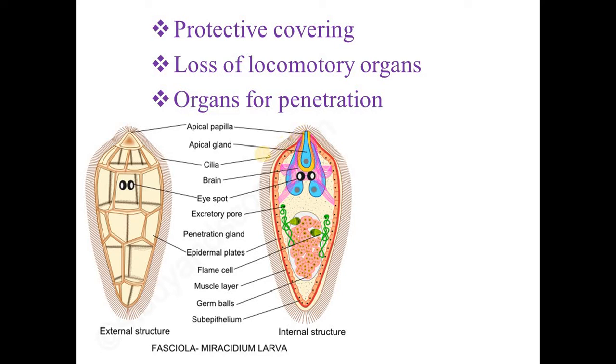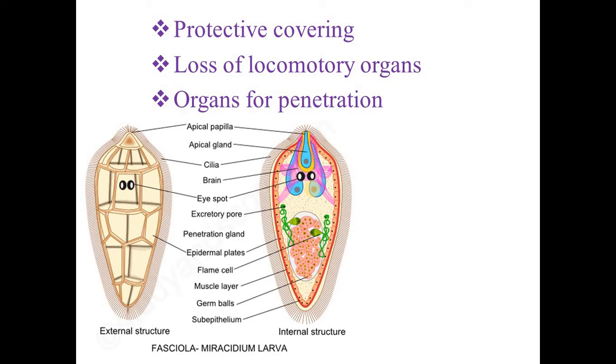There are a pair of penetration glands inside the body near the anterior end. Here you can see these are the pair of penetration glands. These glands secrete a histolytic secretion which is used for penetration.